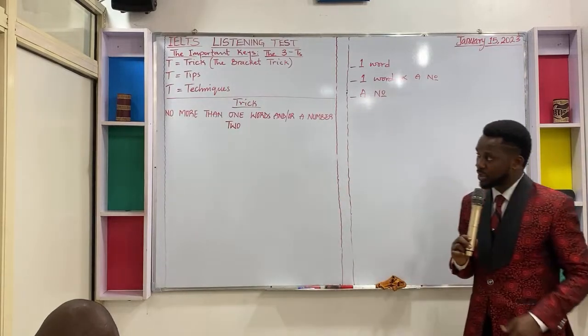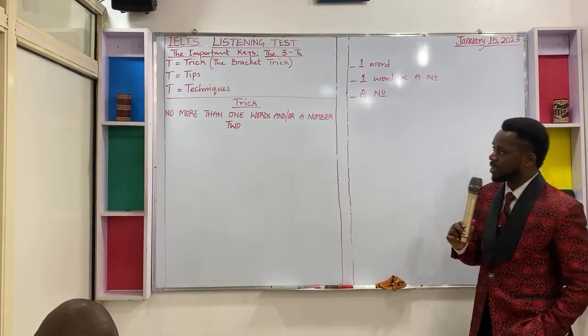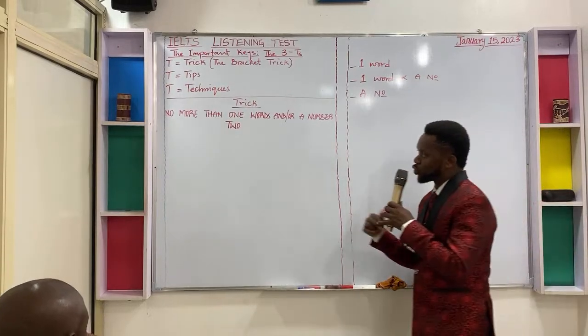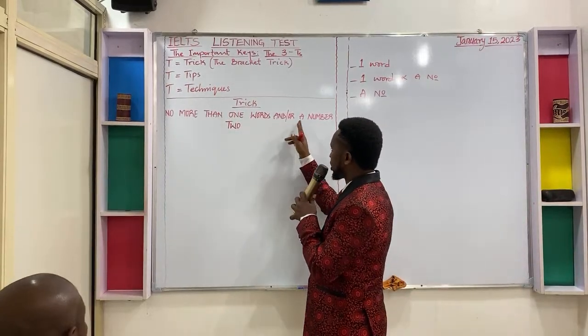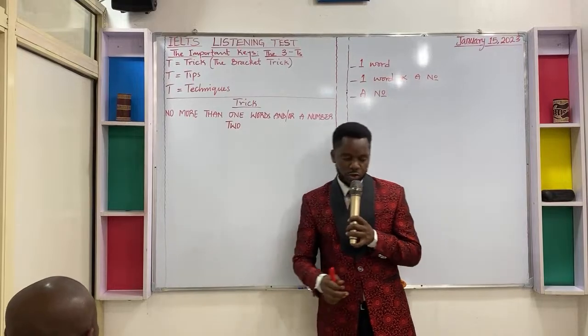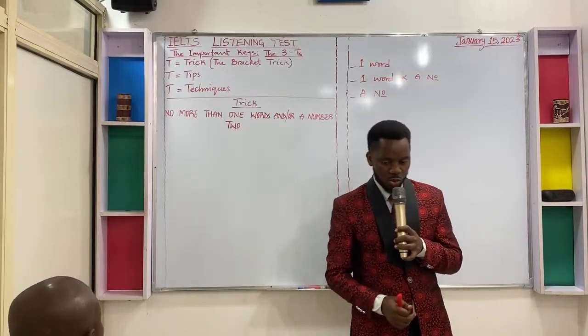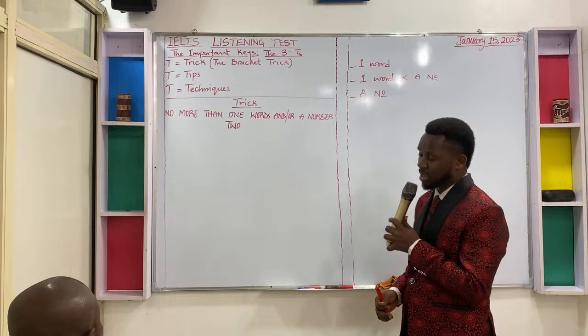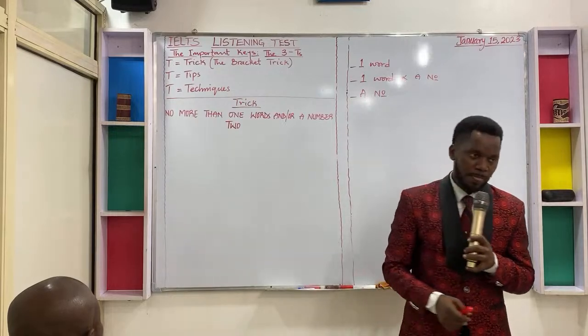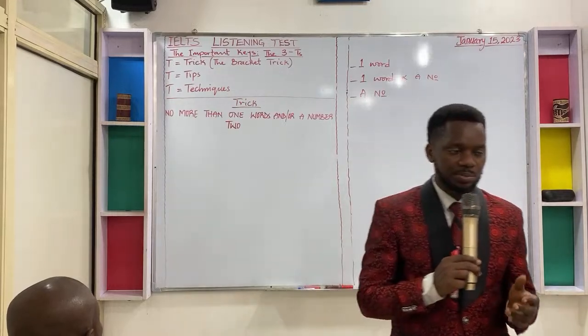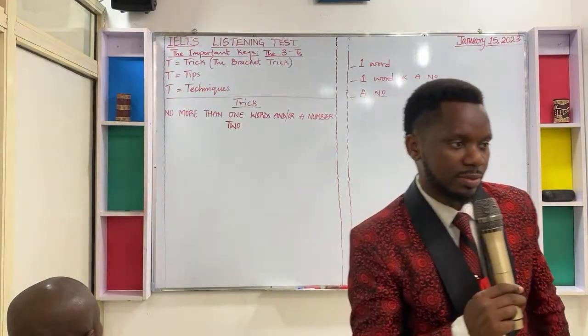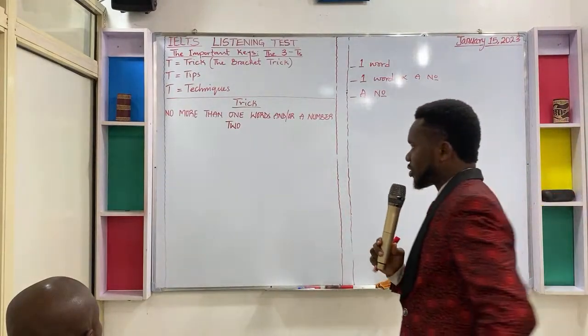Correct. So let's get started with "no more than 2 words and or a number." No more than 2 words and or a number. What does that mean? How do you interpret it? How can we interpret "no more than 2 words and or a number"? Please use your mind.